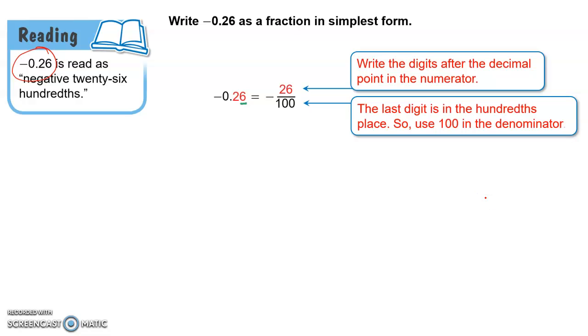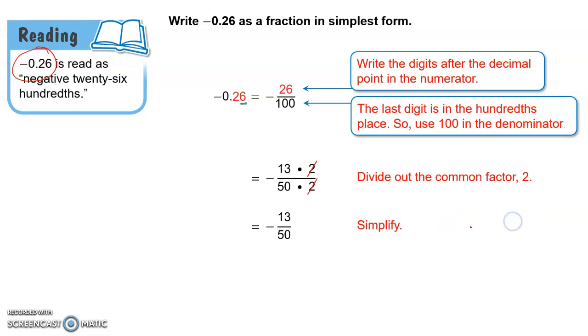So the 26 goes on top, 100 goes on the bottom. They're both even, so you take out 2, you get 13 over 50. Don't forget to keep the negative sign, so it's negative 13 over 50. All right, so let's go ahead and turn our page and let's try some.